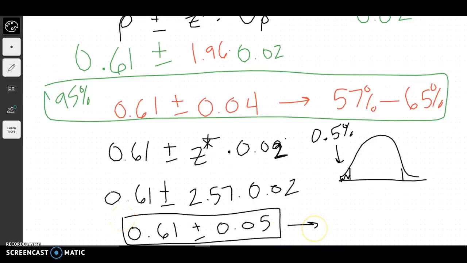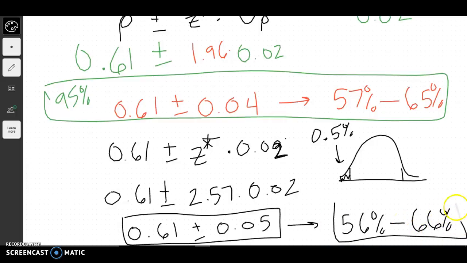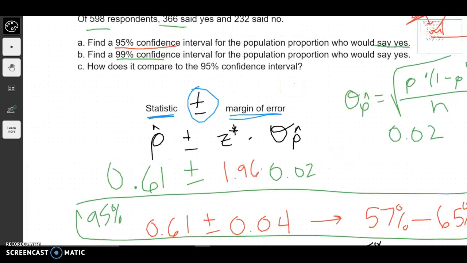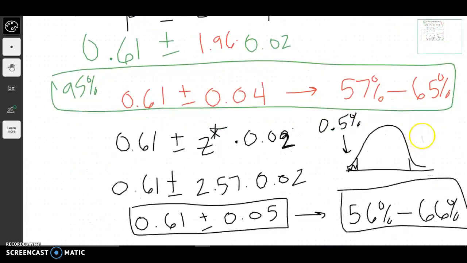So really that interval would be a little bit wider, as we said 5%, so it'd be like between 56% and 66%. And we would be 99% confident that the true mean lies between that interval. So if we had to compare them, obviously the 95% is a little bit wider.